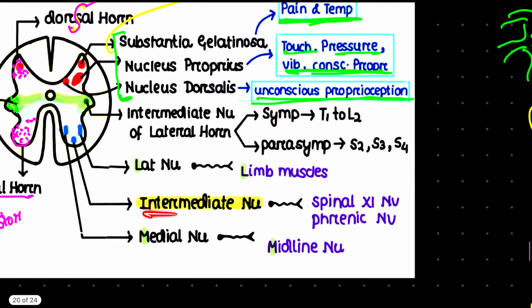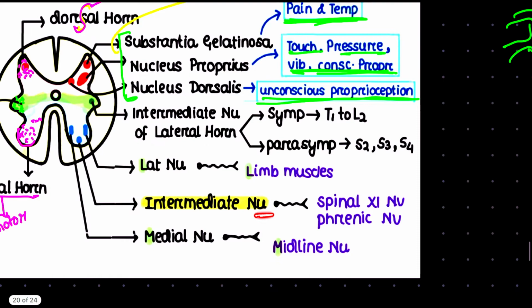Talking about the intermediate nucleus, they will send impulses to the diaphragm and various structures, and they are associated with the spinal accessory nerve and the phrenic nerve.